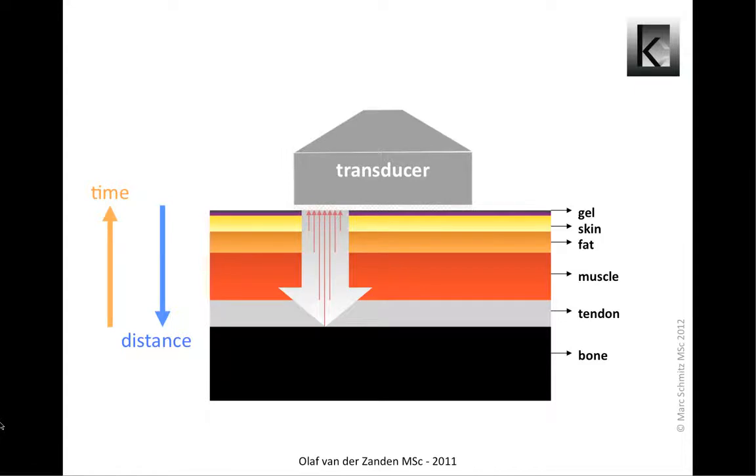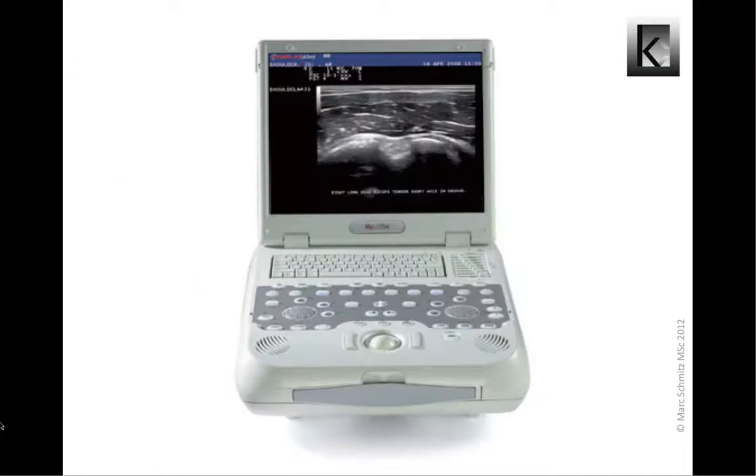The transducer detects the returning echoes and sends the signal to the ultrasound system, where all information is processed by the software. After processing, the image can be seen on screen. The whole process of sending, receiving and processing happens so fast that there is no delay. All structures can be scanned and visualized real time.